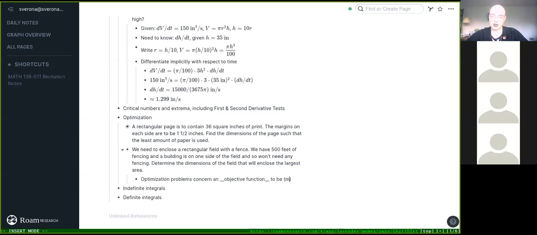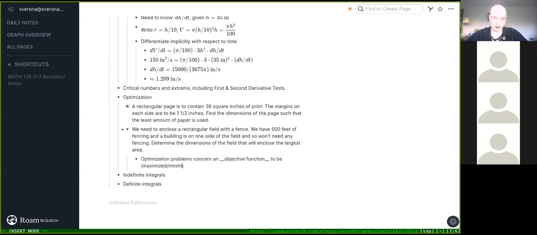I have a function and I need to maximize or minimize it. The function that I'm maximizing or minimizing is typically called an objective function over what's called a feasible region. And this is usually an interval.